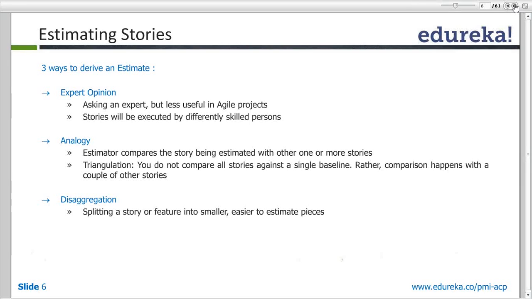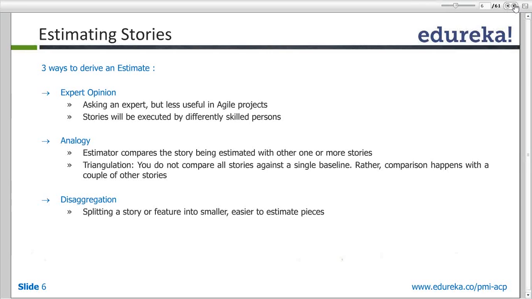Let's take it as 20 days based on your previous experience, or somebody who worked on that project, or an architect who worked on that project, would give the idea of okay, while we were working on that project, we did 10 days, but now in this scenario as well it would take 10 days, or probably we can quote it as 12 days. So that's expert opinion.